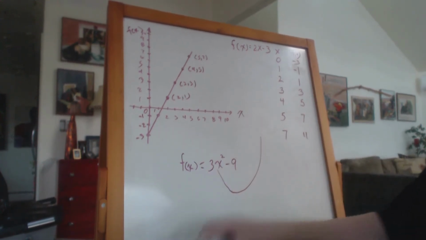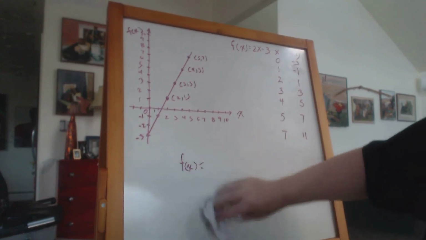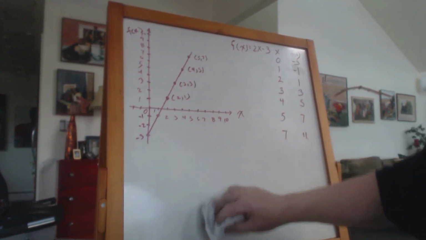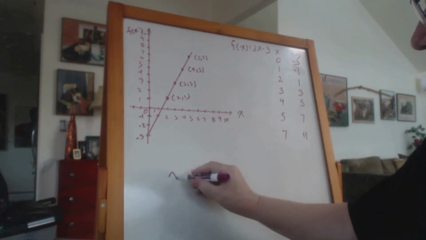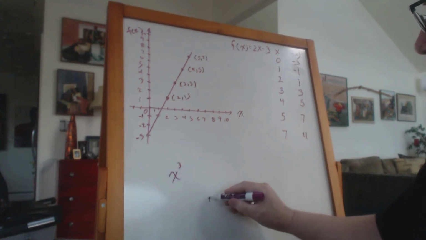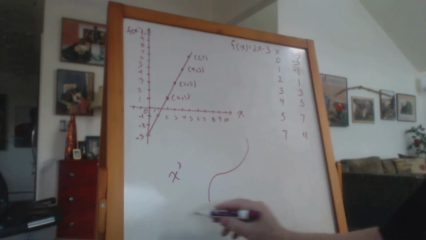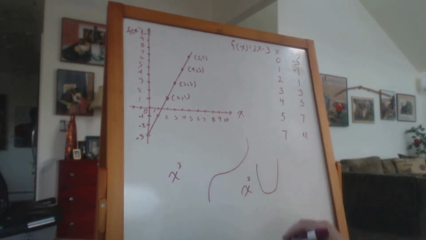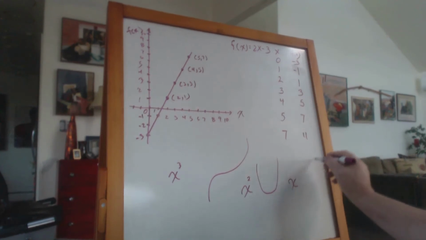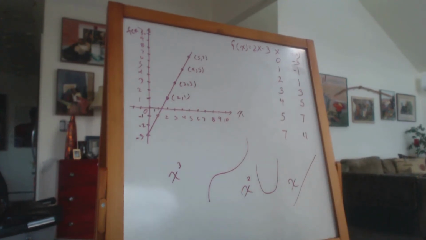A second order. Third order plots even more differently. Third order does something like this. We got x to the third like that. X squared, you get a U. X, you get a line.